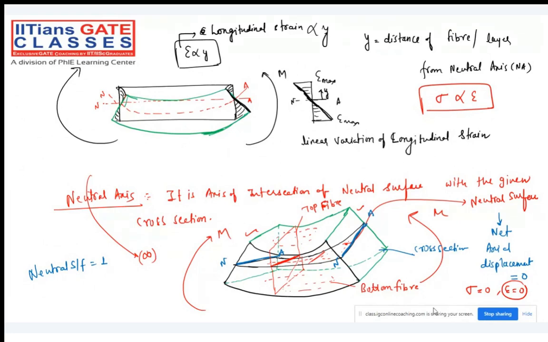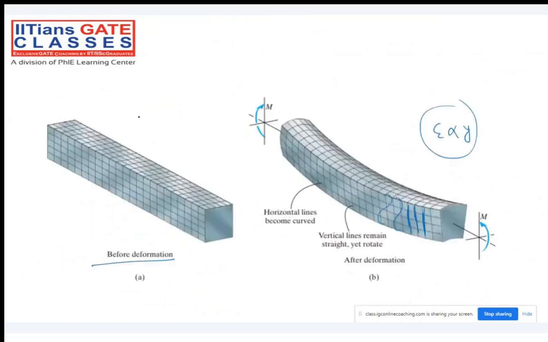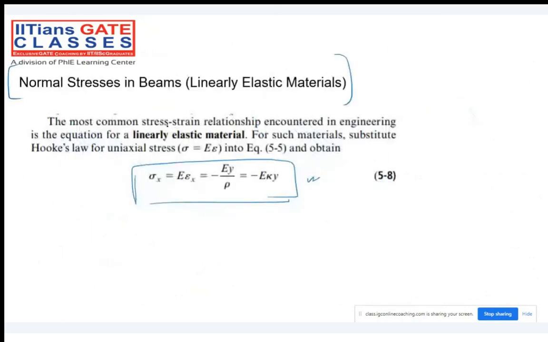Try understanding the next segment, according to Hooke's law. I think it is given in the slide, so let me check. For most materials, which follow linear elastic behavior, according to Hooke's law, stress will be directly proportional to strain. And strain, we have already seen, is y by r.